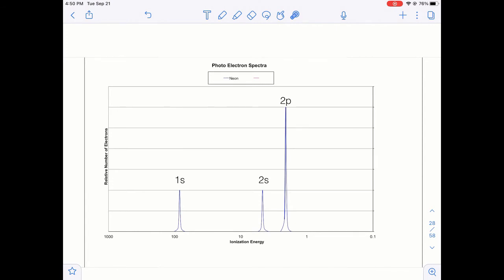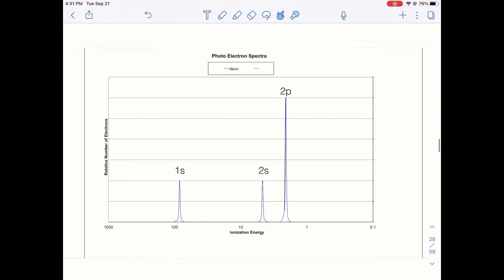We see that the 1s electrons in our neon require an extremely large amount of energy, close to 100 kilojoules per mole, to remove those electrons from the first energy level. I'm not overly concerned about you getting the actual numbers correct. What I'm more concerned about is that you understand the relative placement and how the energies are changing as we go along.